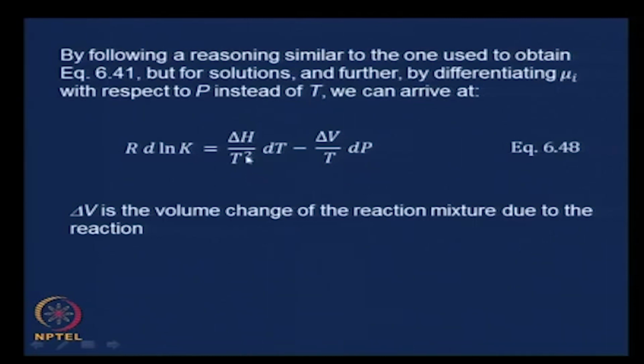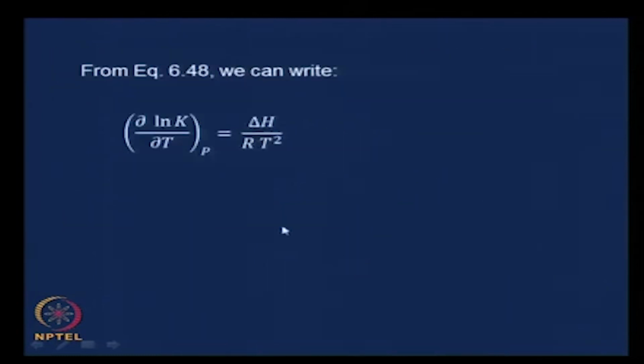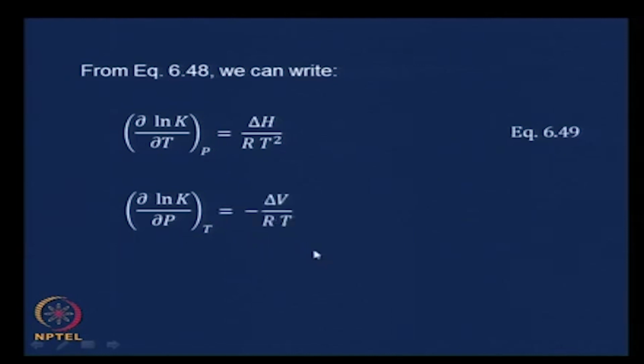So just comparing the terms here, we get ∂ln K/∂T at constant P equals delta H by RT squared, equation 649, and ∂ln K/∂P at constant T equals minus delta V by RT. We will call this equation 650.